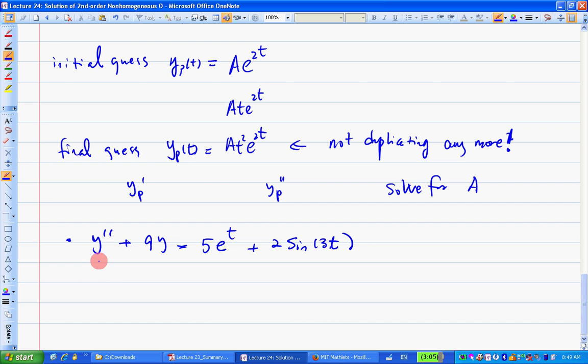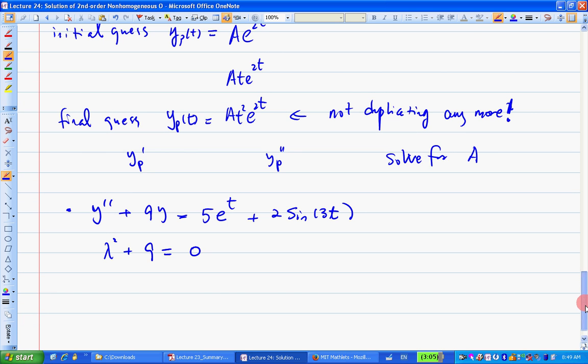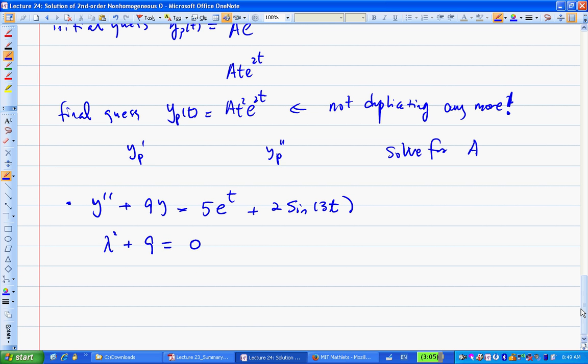But before we do that, we still need to do the initial groundwork: find the characteristic equation and find the roots. What are the roots for lambda here? Plus minus what?